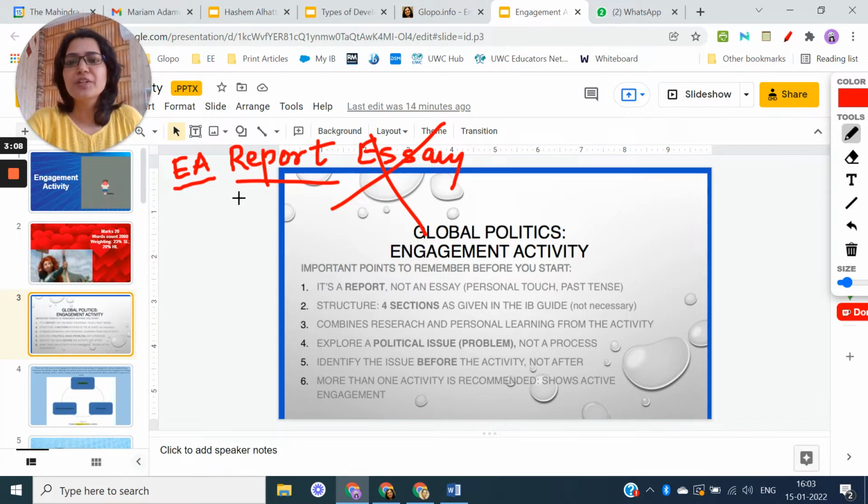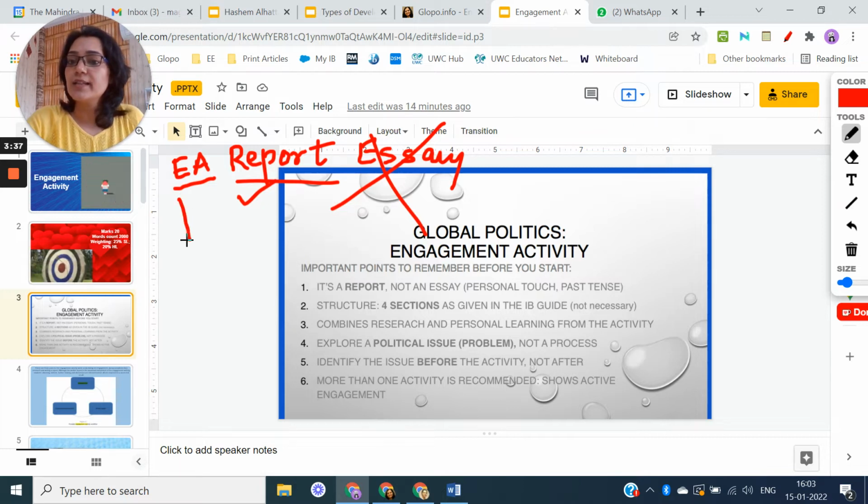But a report gives you that leeway, where you are showing your personal interest, reporting something the way a journalist reports on whatever they are capturing. So this is called a report. This is the number one thing: it is known as a report, not as an essay.